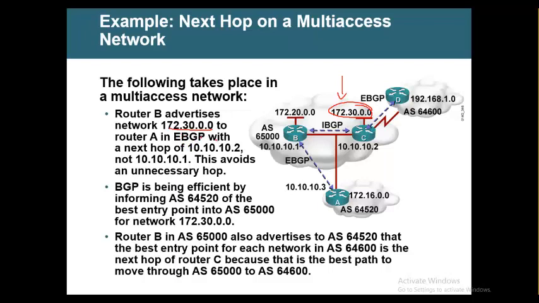And that network is advertised by B to A. Why?